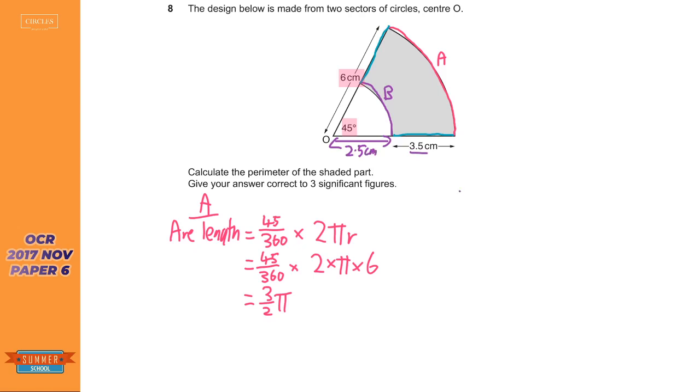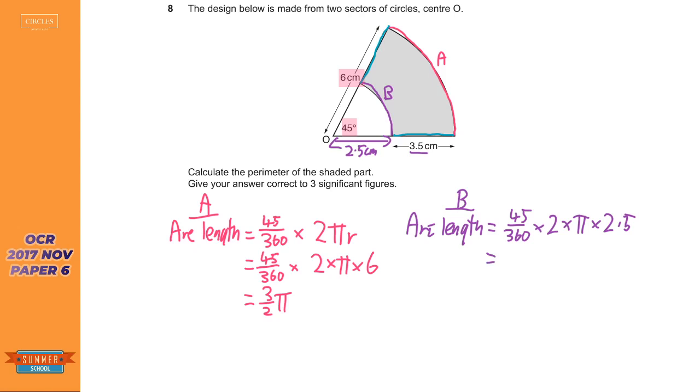So again, arc length, and it's the same angle, so 45 over 360 times 2 times pi times, this time, 2.5.